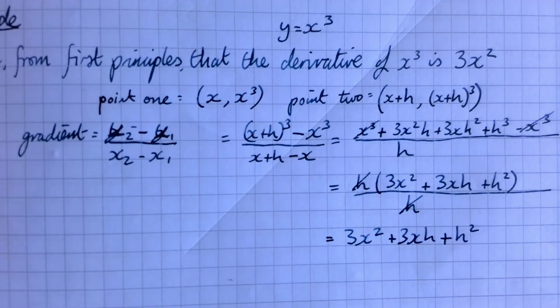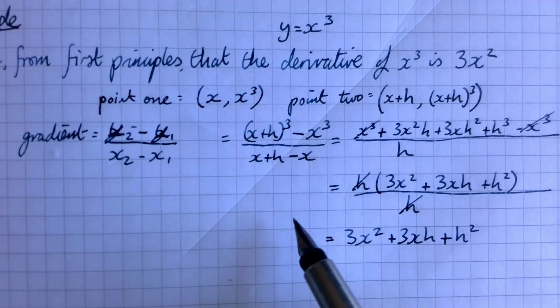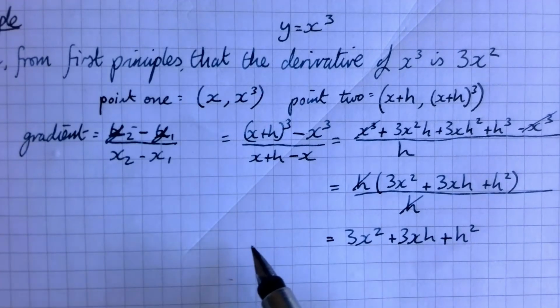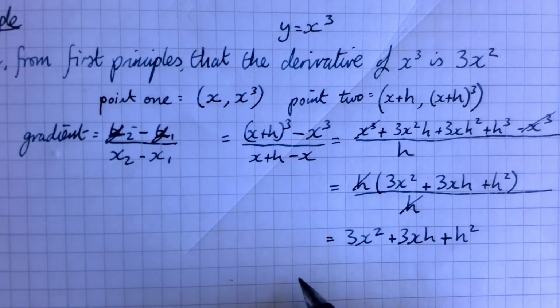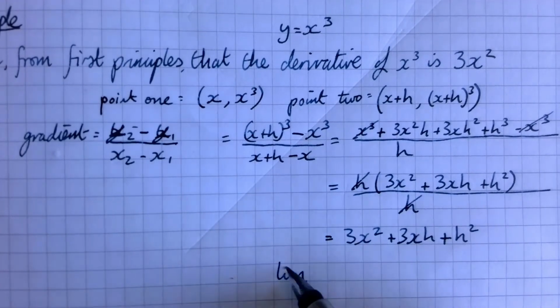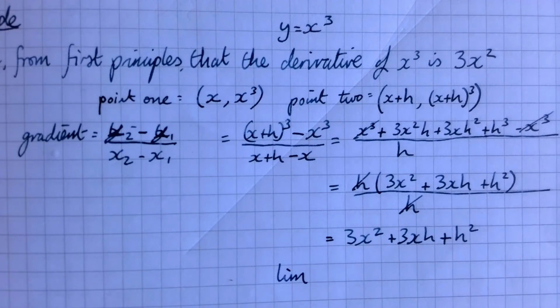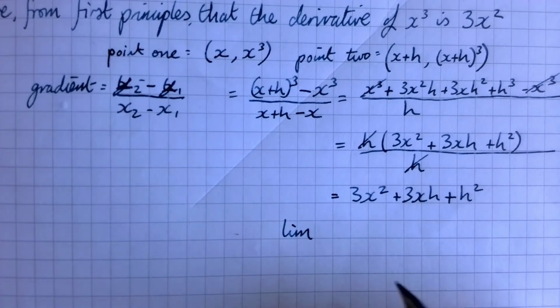But don't worry, because at this moment we need to think about what we were doing yesterday when we were making the value of h a smaller and smaller amount as we got closer and closer to what our curve was going to be. So then all we have to do is write that the limit that we want for h is going to be gradually getting closer to 0.